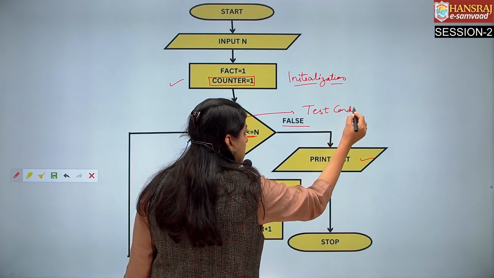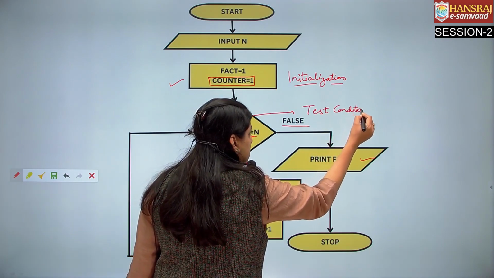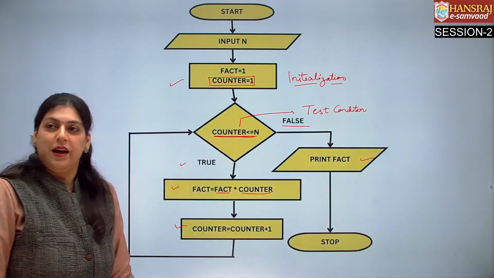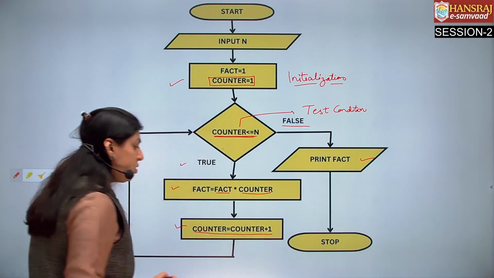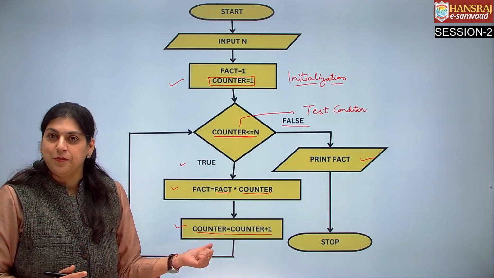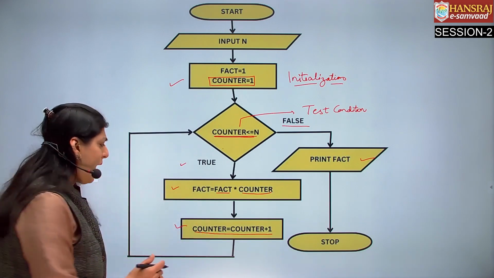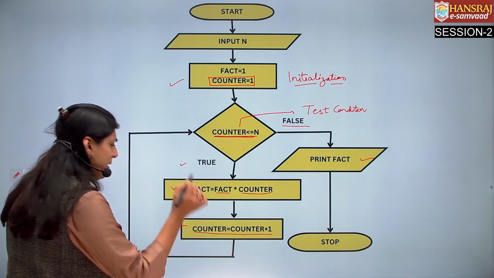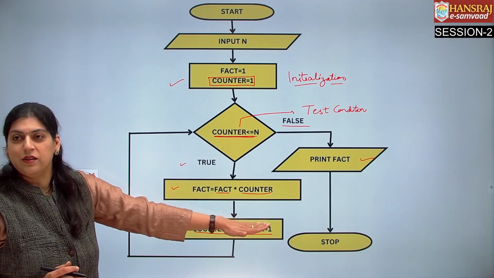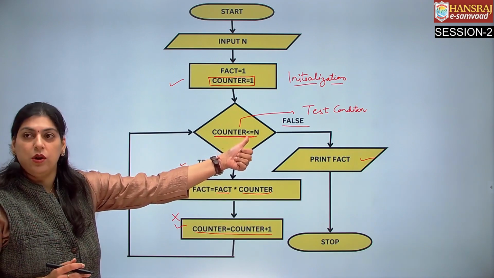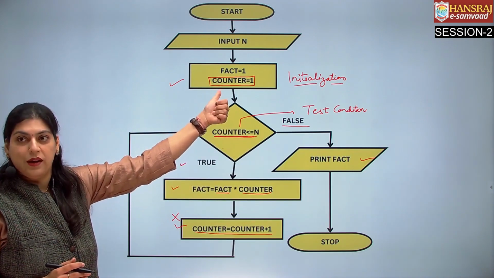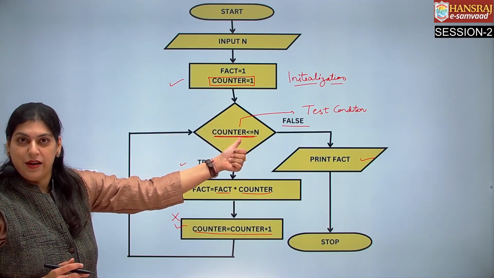Okay? And another important thing is there have to be some mechanism to change the value of counter. What if I skip this step? Let us assume this step is not there. Then what will happen? Counter is less than equal to n. Initially, the counter is 1. 1 is less than 5, let's say.